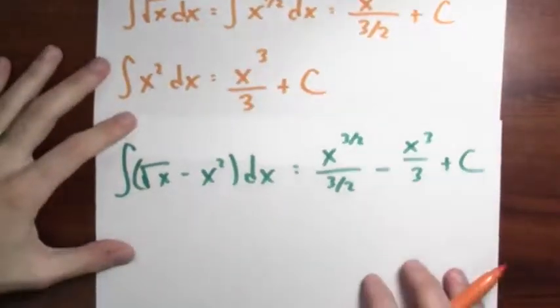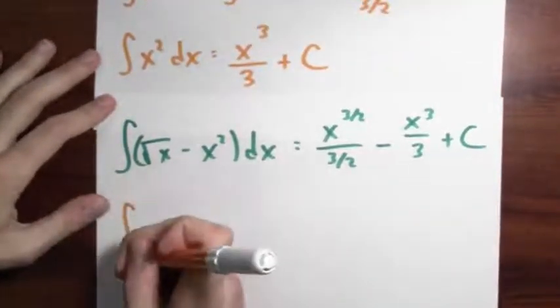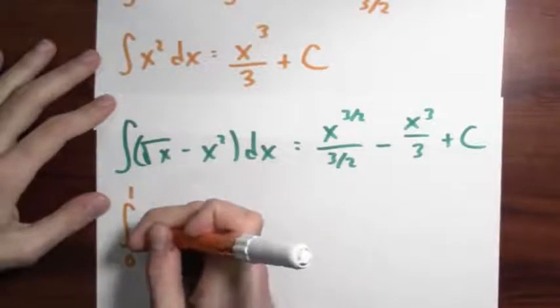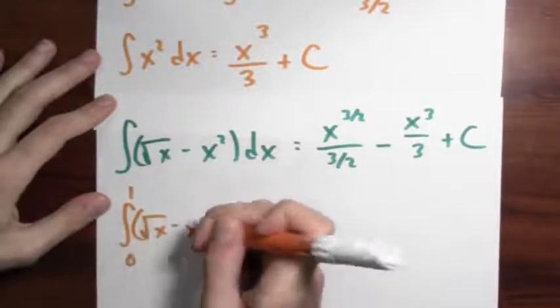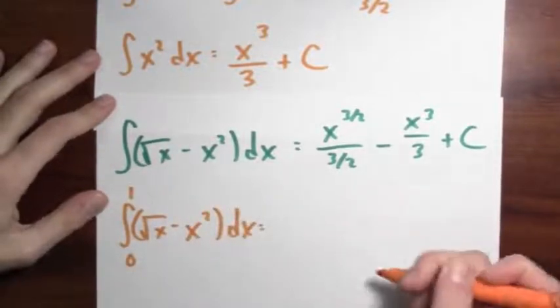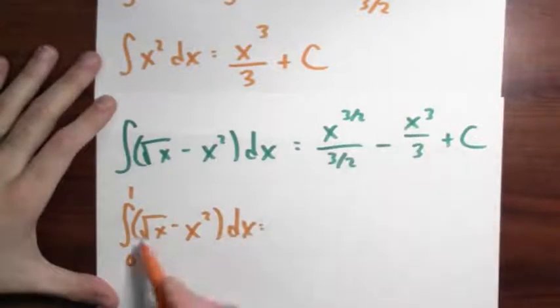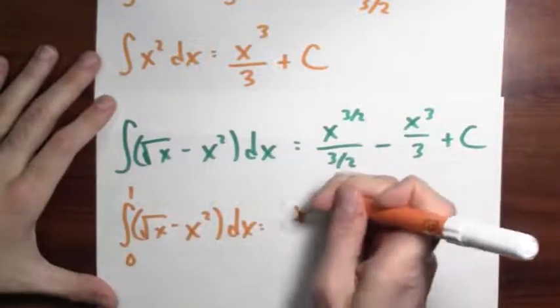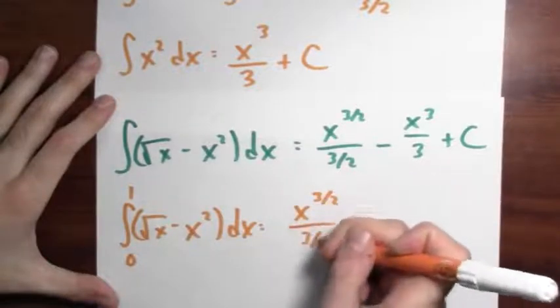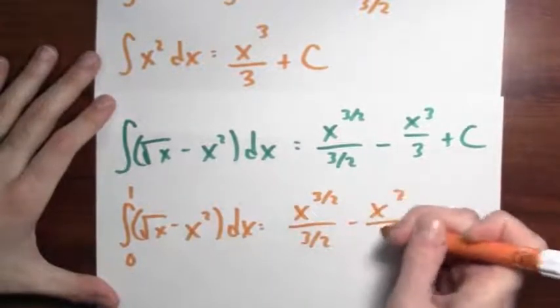Armed with the antiderivative, I can now evaluate the integral. So one way to write that is as follows. If I want to integrate from 0 to 1, the square root of x minus x squared dx, I'll just write down the antiderivative for this, which is x to the 3/2 over 3/2 minus x to the 3rd over 3.